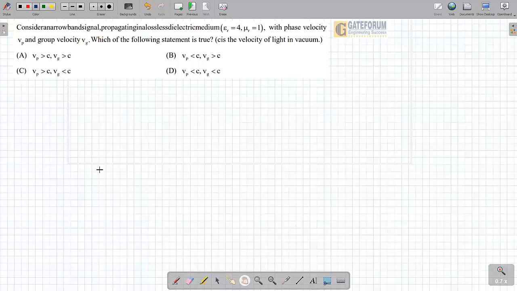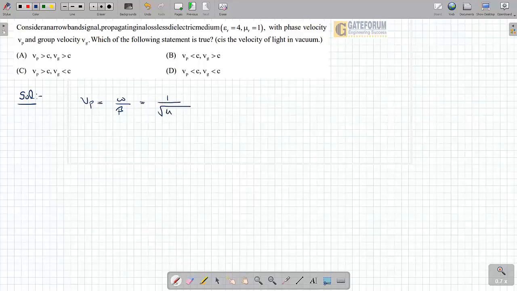Let me just see. The phase velocity Vp is omega by beta, frequency is constant, and it is 1 upon root of mu epsilon.